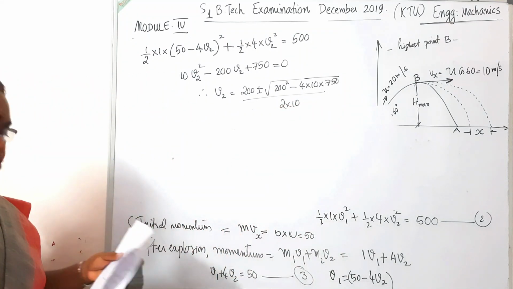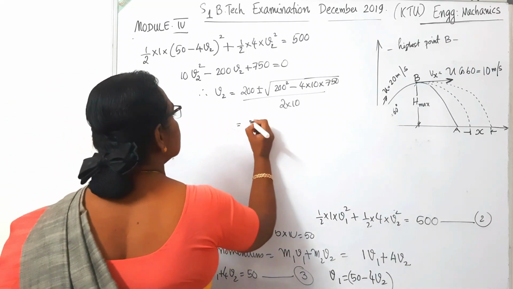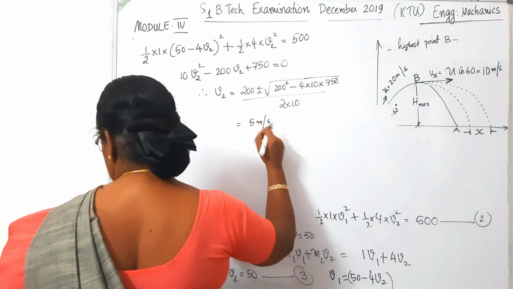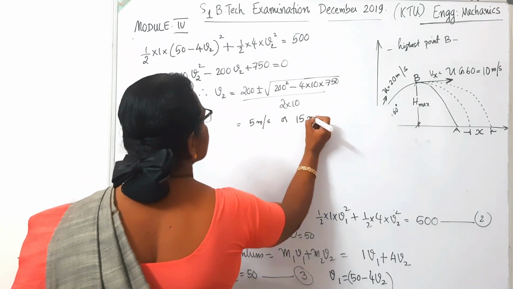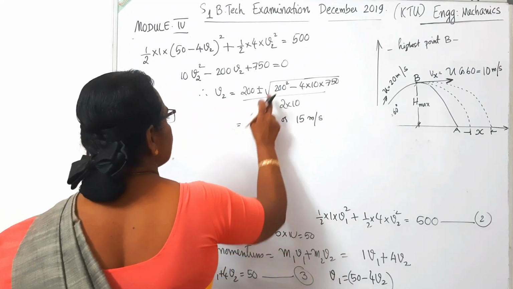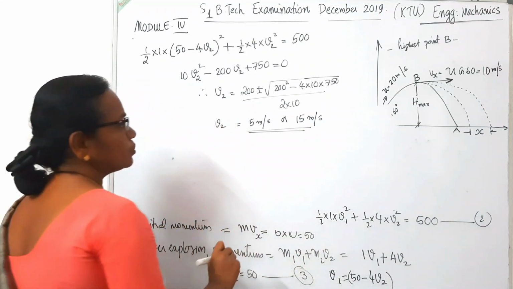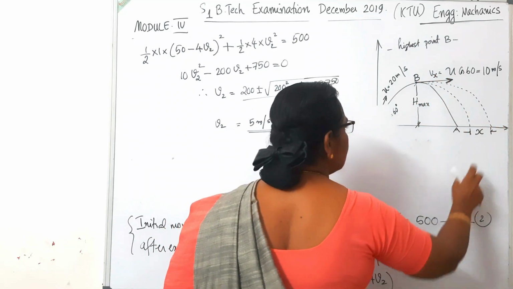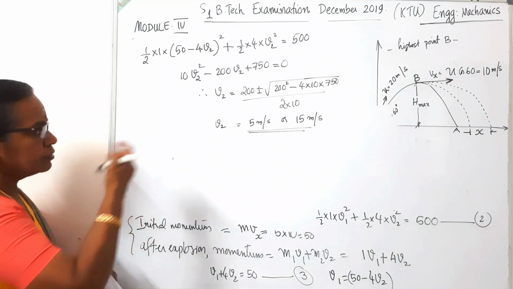Using the plus sign you may get 15, and using the minus sign you may get 5 meter per second. So this is the value of v2, that is the velocity with which this 4 kilogram body reaches the ground, either 5 or 15.